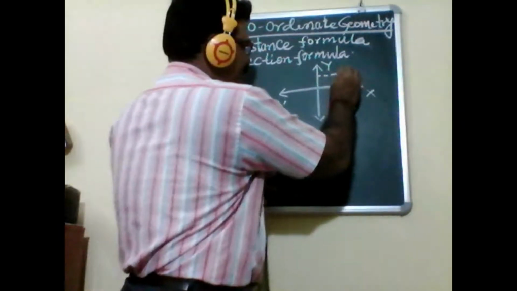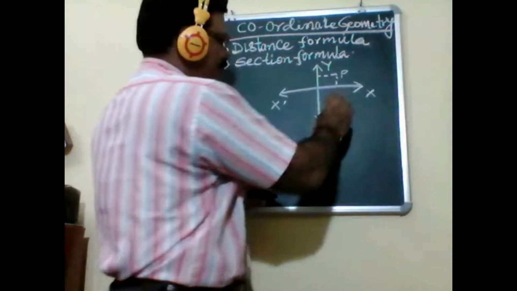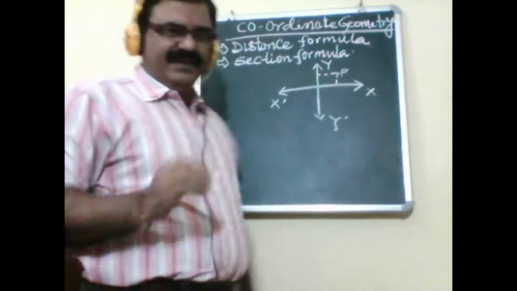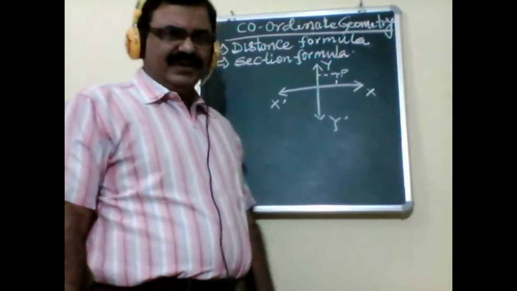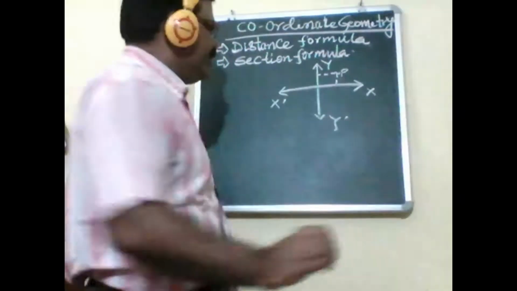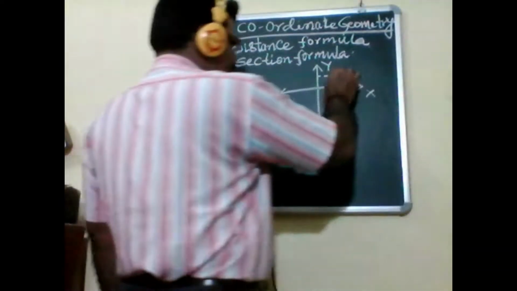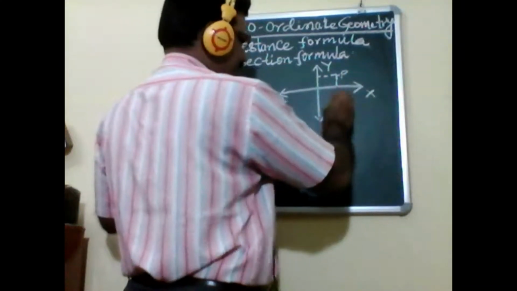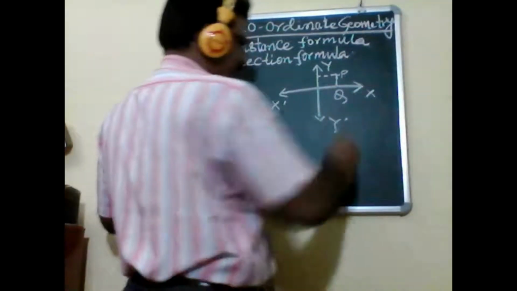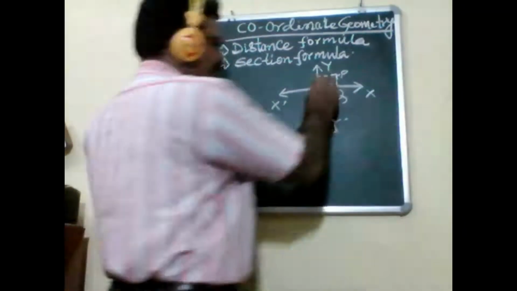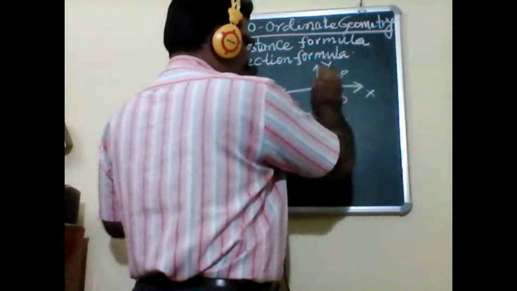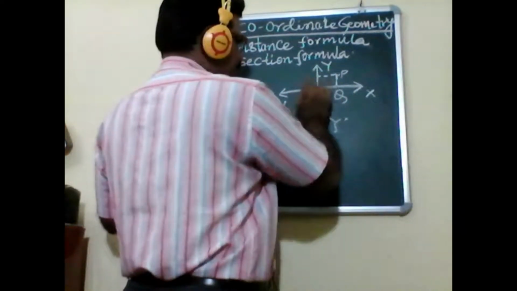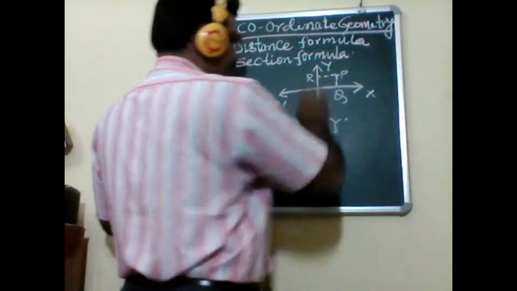Suppose it is point P. For the point P, if I want to know the coordinates, we draw a perpendicular line on the x-axis. Suppose it intersects at Q, and we draw another perpendicular line on the y-axis. Suppose it intersects at R.